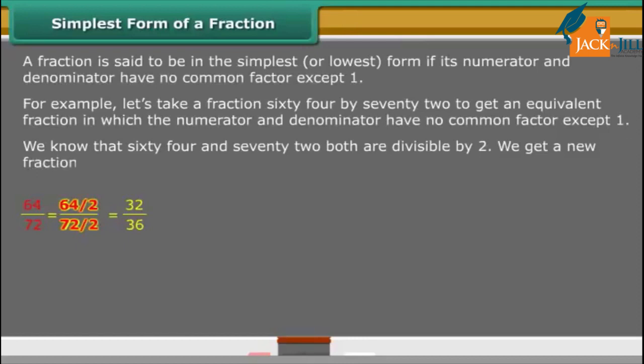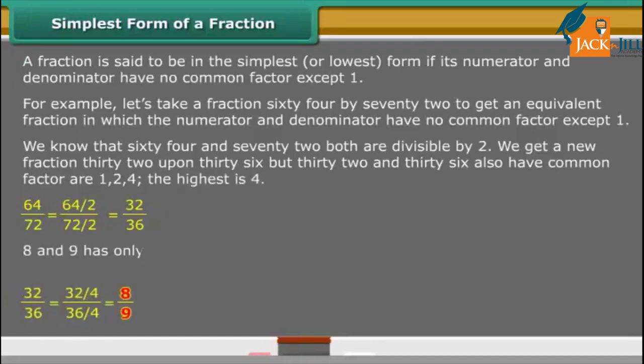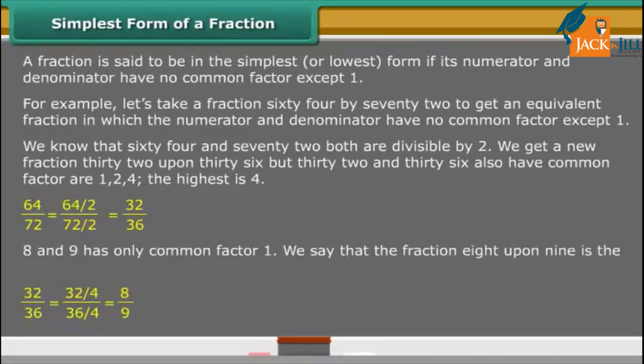We get a new fraction 32 upon 36, but 32 and 36 also have common factors 1, 2, 4. The highest is 4. 8 and 9 have only common factor 1. We say that the fraction 8 upon 9 is the simplest form of 64 upon 72.